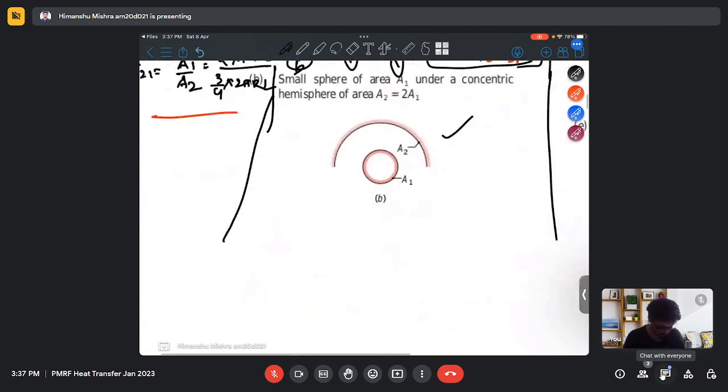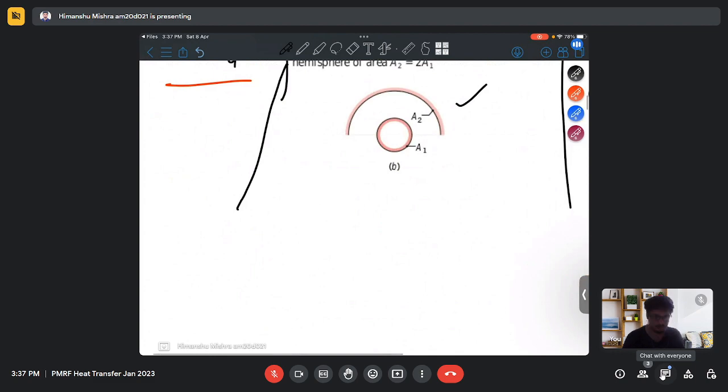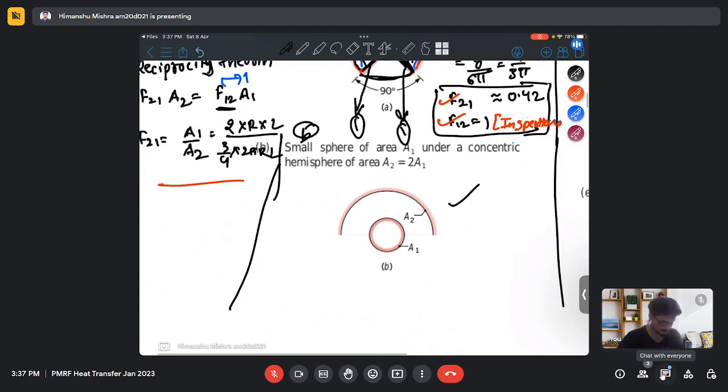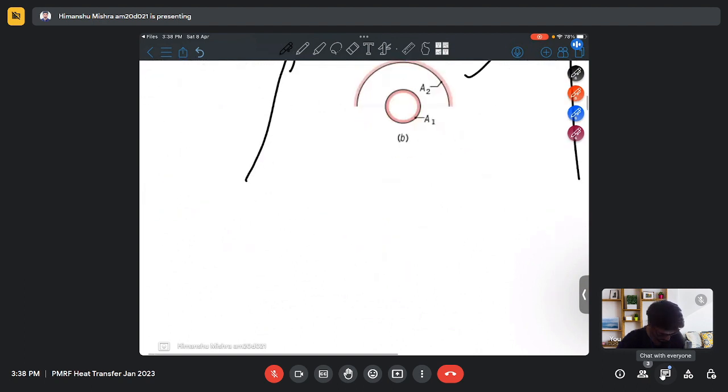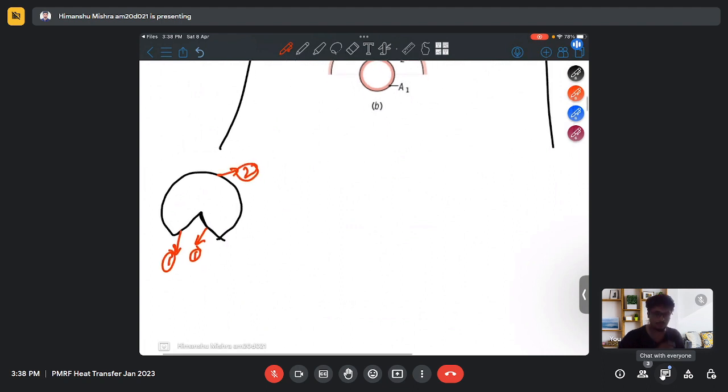No, no. What you are saying is that you can use the summation rule in two ways for this question. Let's say this is your surface one and this is your surface two. First you select surface one, so I'm writing the summation rule for one only.